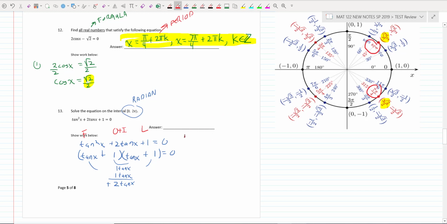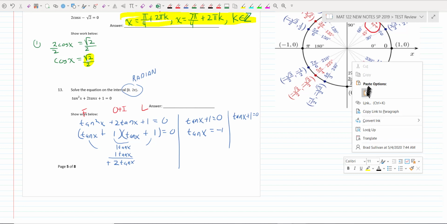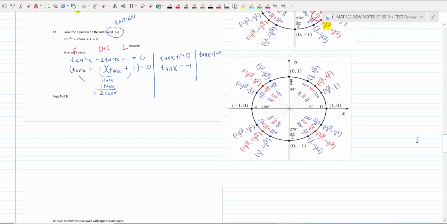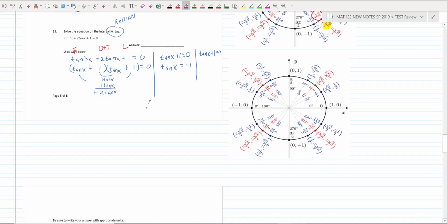The next thing we'd do is set each factor equal to 0. We would be solving the same equation twice, so there's no need to do the same thing twice. You'd isolate by subtracting 1, so you get tangent of x equals -1. Now if we look at the unit circle, we need to find where the tangent is -1. Remember, tangent is y over x, so you're trying to figure out where y over x is -1.